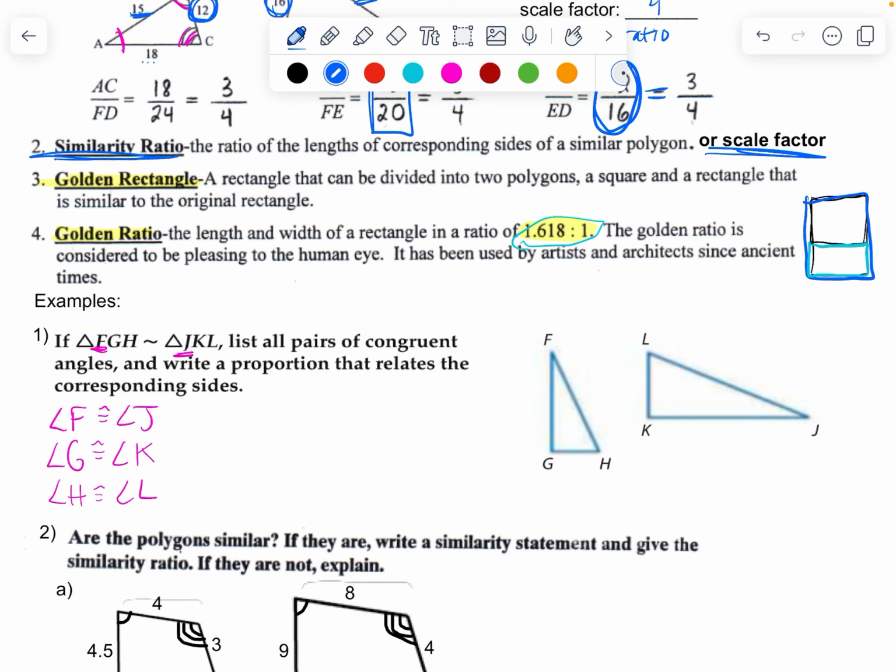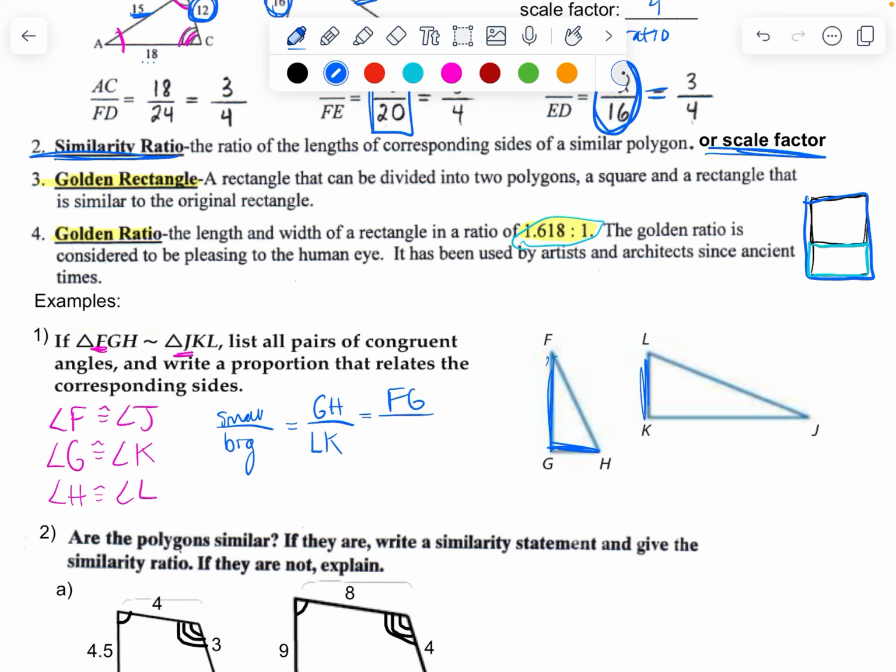And then for the sides, I just make sure I have a system. I start with the small triangle and then do the big triangle. So all my numerators are the small triangle. So I'll do GH to LK. And if you're not sure which ones go together, just look at the order of the letters and that helps too.